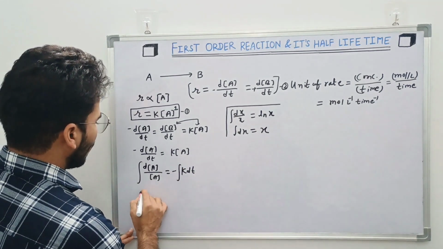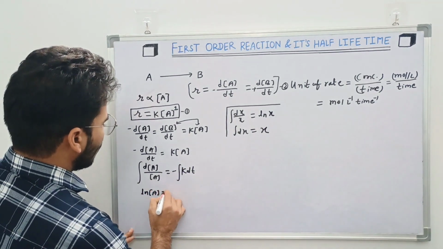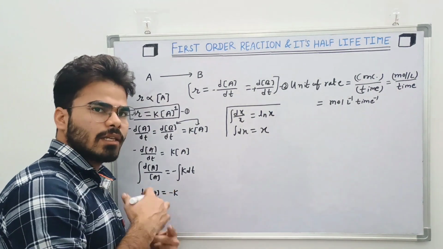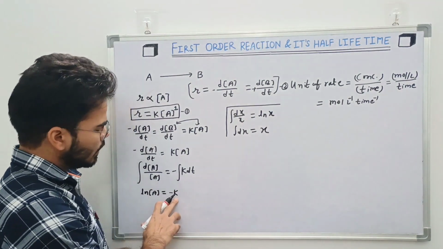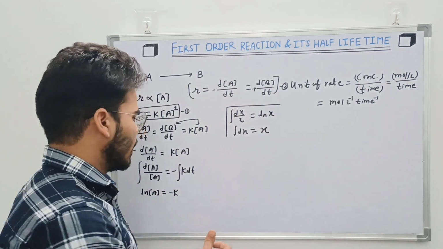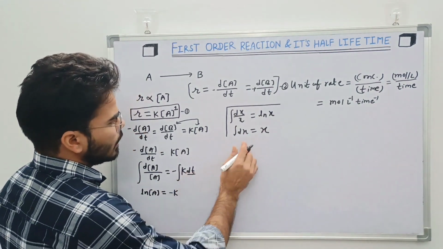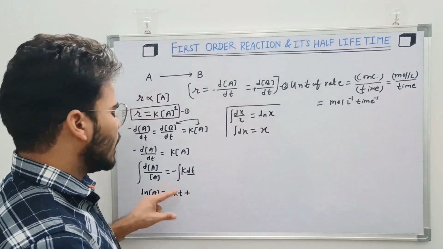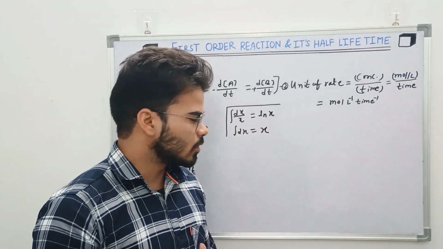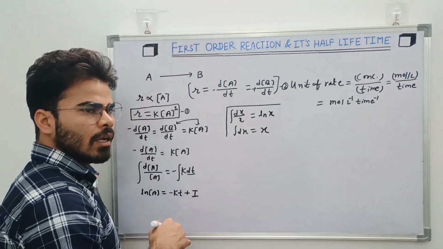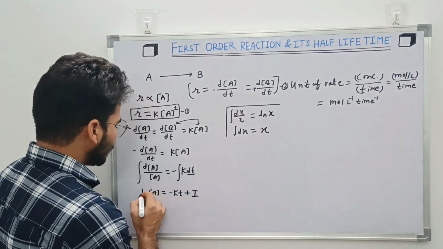We get ln A is equal to minus k, because we know that k is the rate constant. This is a constant quantity, so we can write it outside the integration sign, and integration of dt will be t. Because here we are doing an indefinite integral, we have to put a constant here, known as the integration constant.